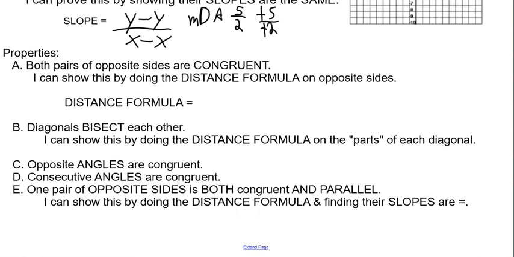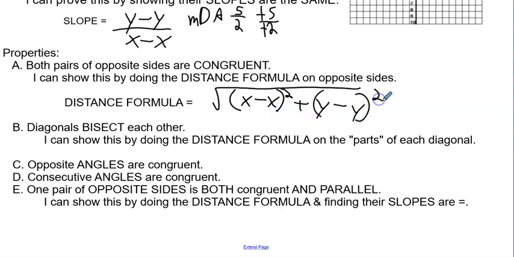So, reminder, properties of parallelogram. Both pairs of opposite sides are congruent. We can show this by doing the distance formula on opposite sides. So that's the square root of x minus x squared plus y minus y squared. Now remember, we said there's going to be a little shortcut. Well, this number when you count and this number when you count can just go in there.